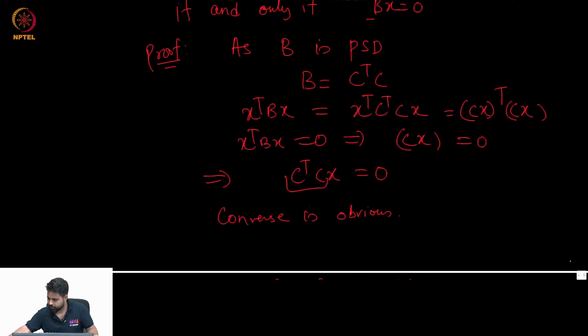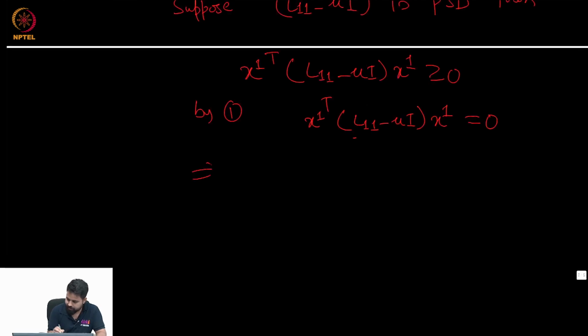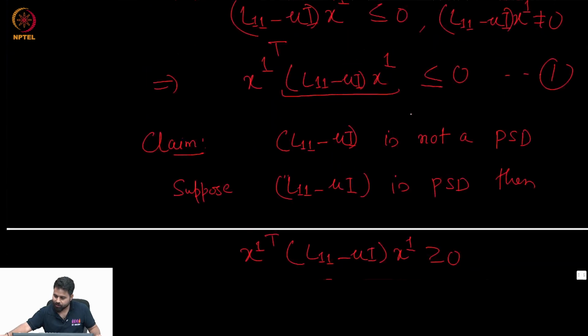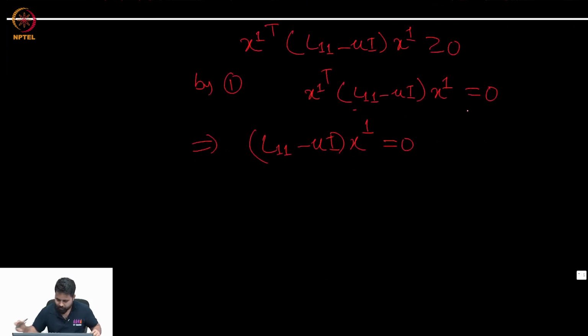Let me scroll it a bit faster. So this further implies that L11 minus mu times the identity matrix times x1 is indeed 0, which is a contradiction due to this. So let me call it now 2. I'm doing the reverse direction, but anyway, using 2, this is a contradiction.